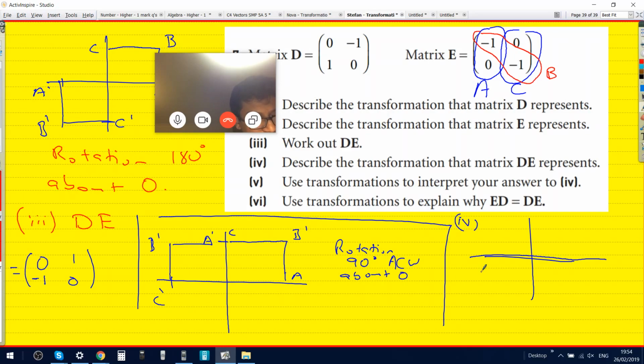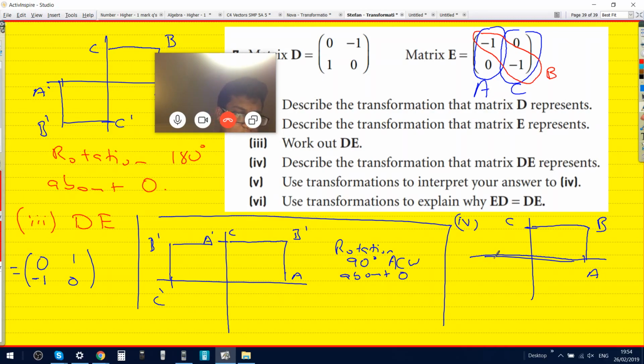We go to 1, 0. So C is here, and B comes there. So that's just rotating it through 90 degrees clockwise from the origin. Okay.